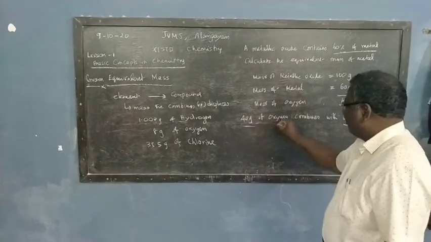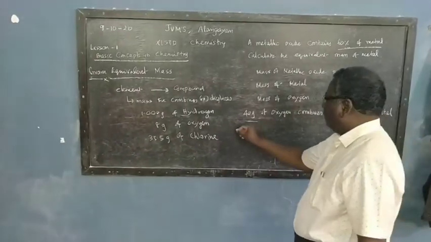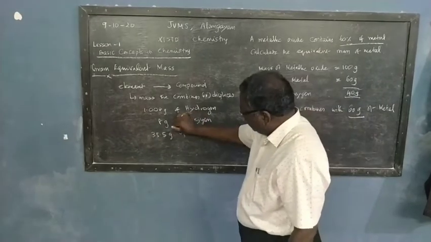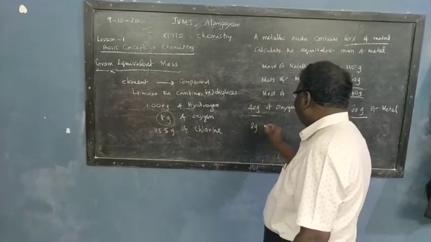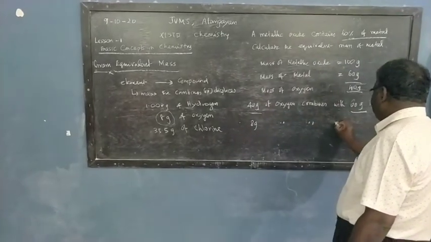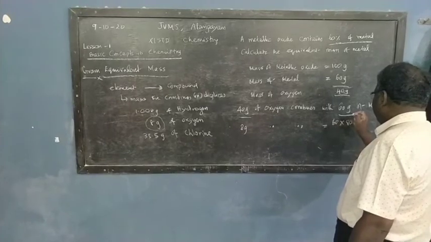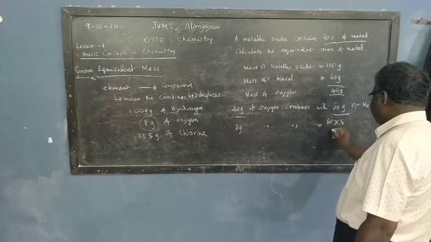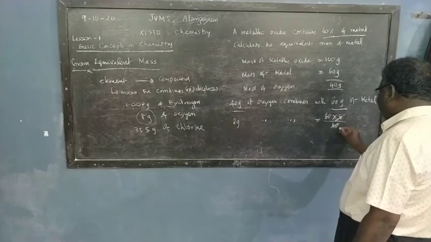40 கிராம் ஆக்சிஜன் கூட 60 கிராம் என்ன சேருது? மெட்டல் சேருது. Therefore, definition பிரகாரம் எவ்வளவு கூட சேரணும்? 8 கிராம் கூட சேரணும். 8 grams of oxygen combines with 60 into 8 divided by 40. 8 will go 45 times.